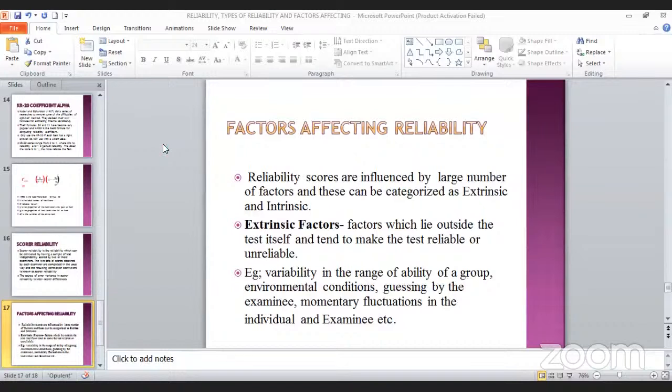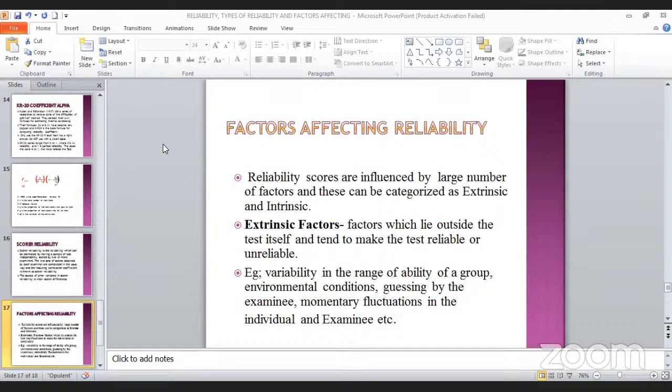So if the abilities of all individuals are alike, then we will not get a good test score, because to get a good test score, we need different kinds of people with different kinds of abilities. Is it clear?